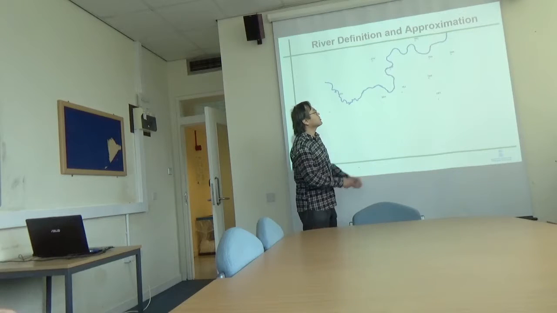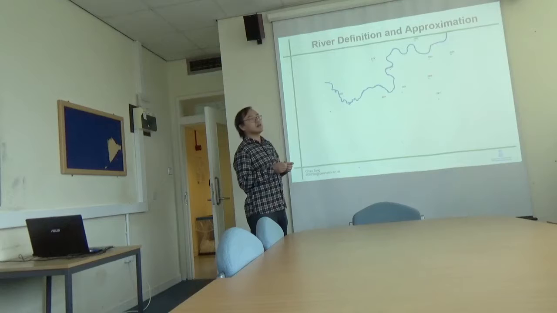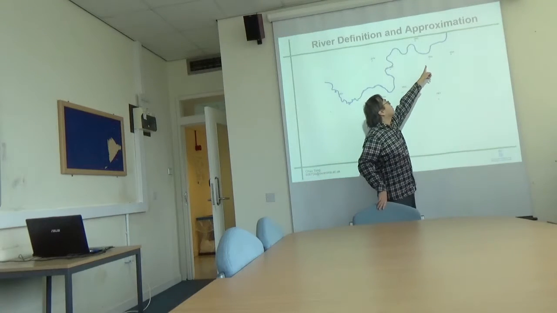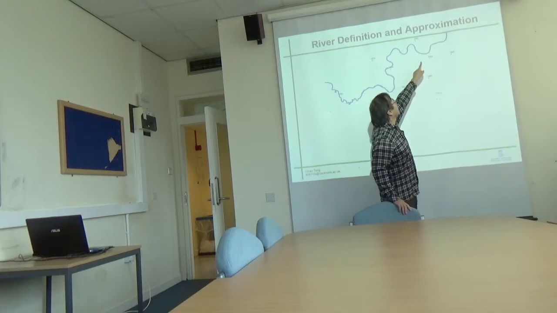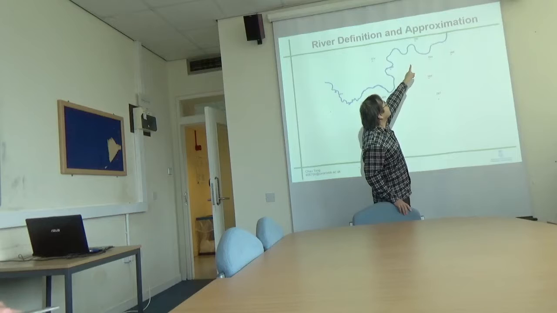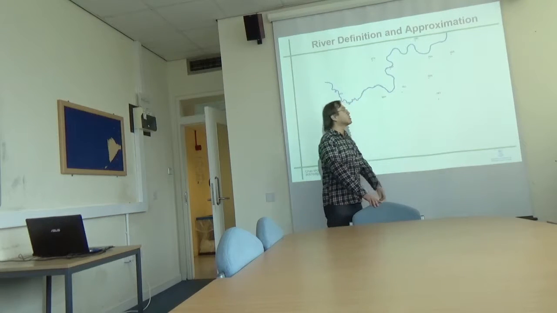So we use a parallel node to define a segment of the river. For example, here, if the river flows on the boundary of two CCG regions, we use these two central points as a parallel node.